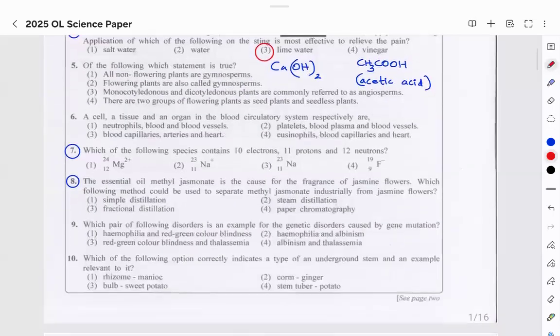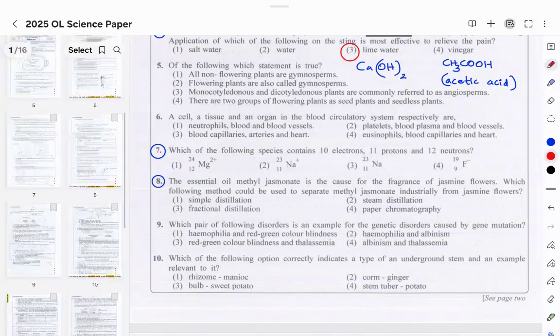So the next one, which of the following species contain 10 electrons, 11 protons, and 12 neutrons? Okay, this is a basic question type regarding the electrons, protons, and neutrons. Okay. Yeah, Ramla, let's see what is the answer.